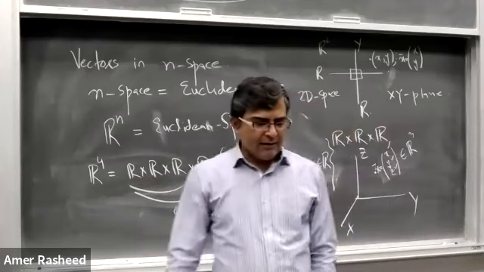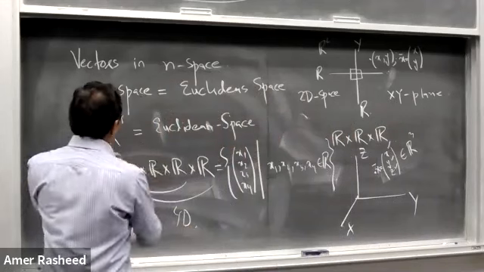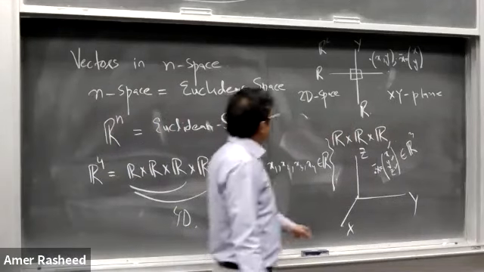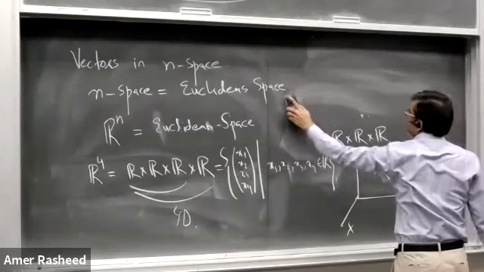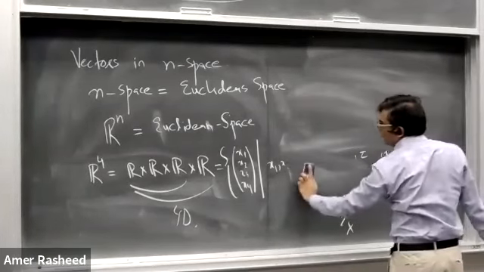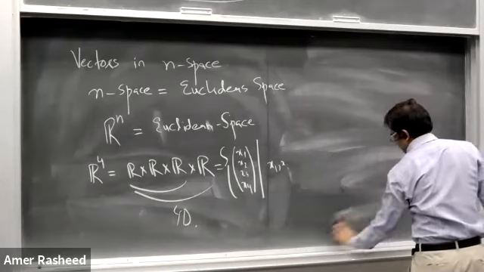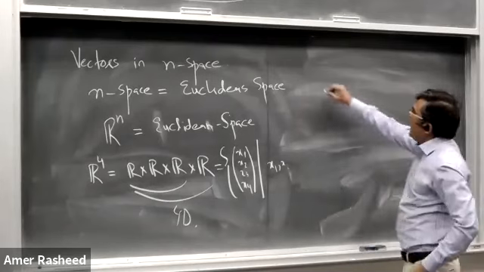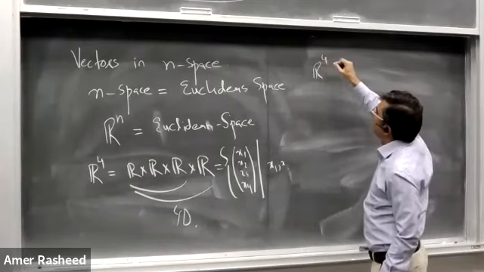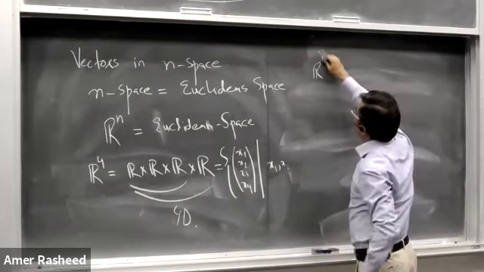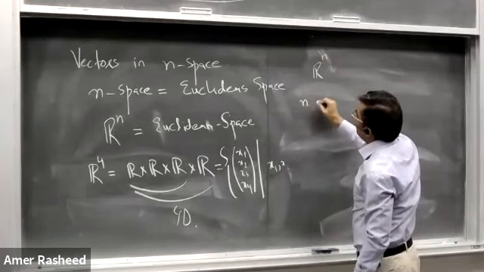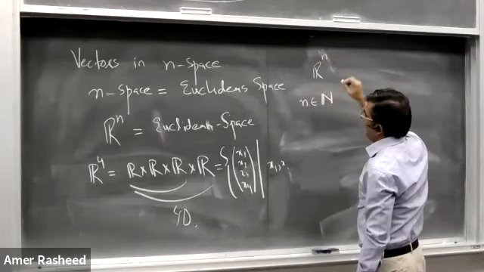Okay. So if we try to generalize this concept and write Rn, how would you write that? Rn, where n is some positive integer. Okay, where n belongs to the set of natural numbers.